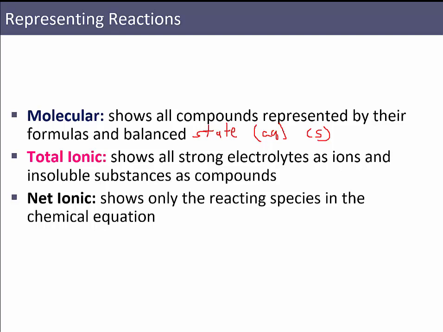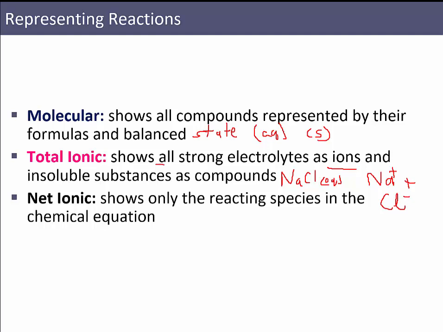Our total ionic equation, our TIE, shows all our strong electrolytes as ions and insoluble substances as compounds. So if it's NaCl AQ, right, it's going to break that up into Na+ explicitly and Cl-.